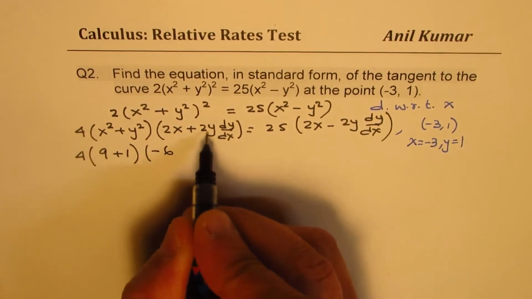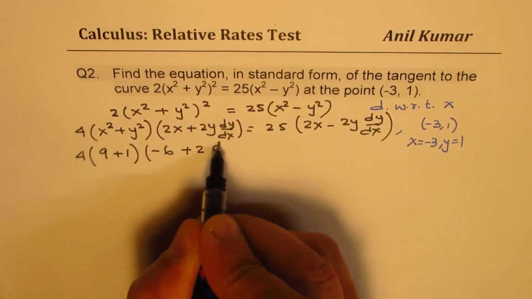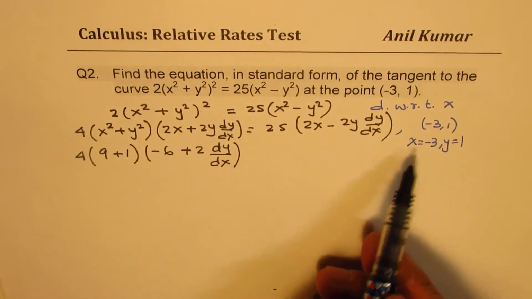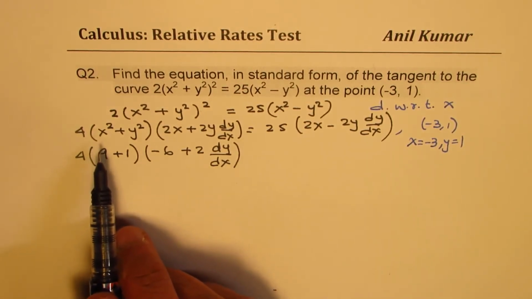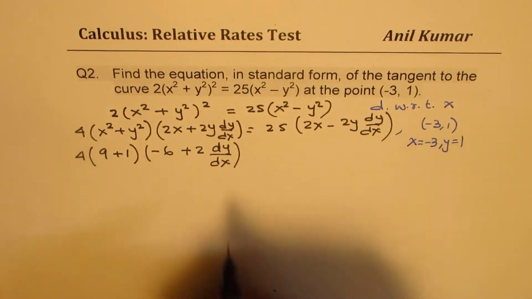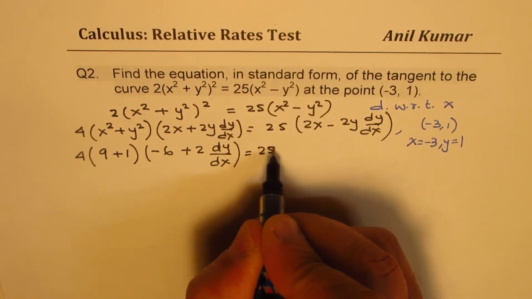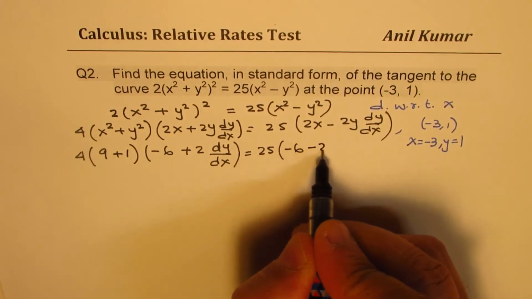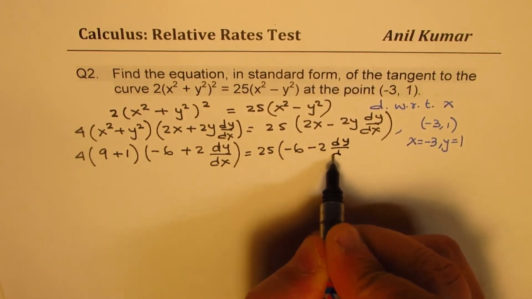So -6) plus 2 dy/dx. So I'm straight away substituting x as -3 and y as 1, correct? 25 times -6, and this gives me -2 dy/dx, correct?